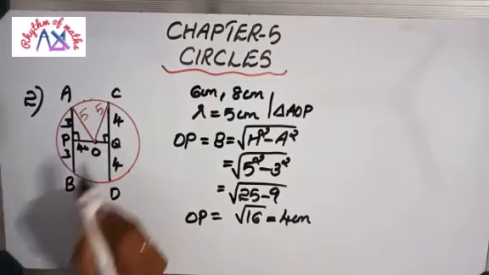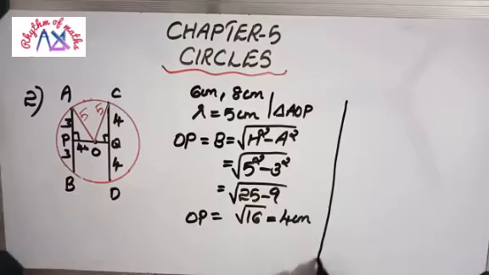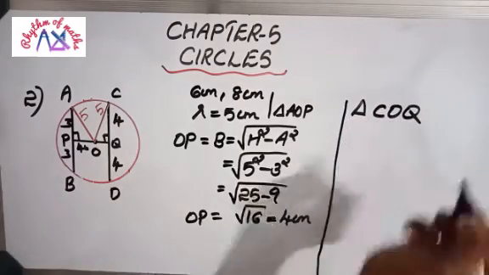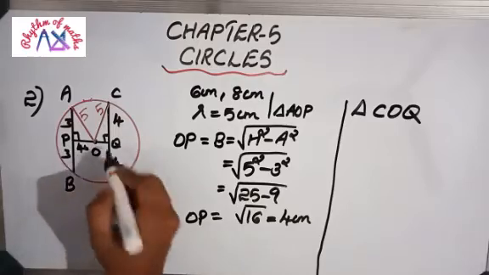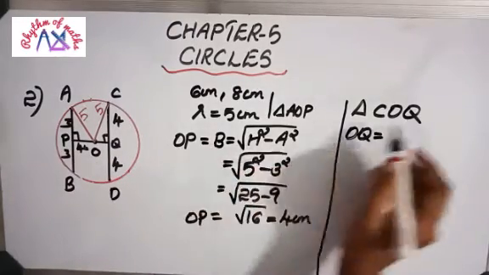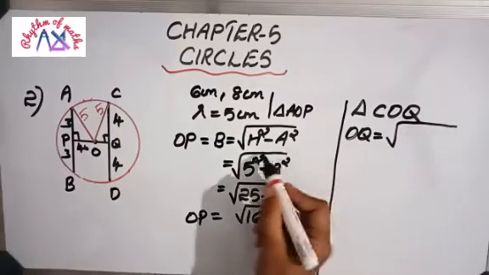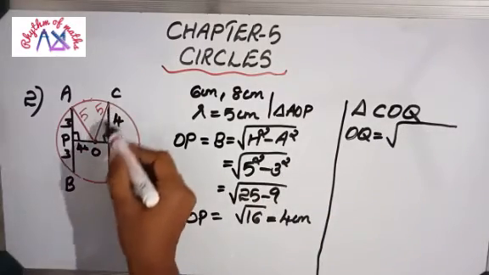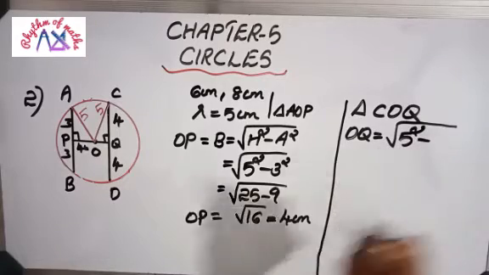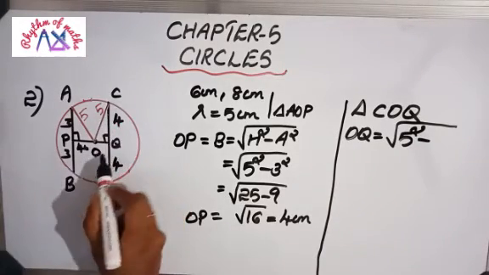Next is OQ, we need to find from the second triangle. That is triangle COQ. Here also we need to find the base. So OQ equals the same equation: hypotenuse square minus altitude square. So here also the hypotenuse is the same, 5 square, minus the altitude. The altitude is different.